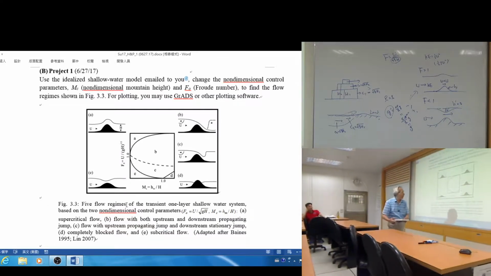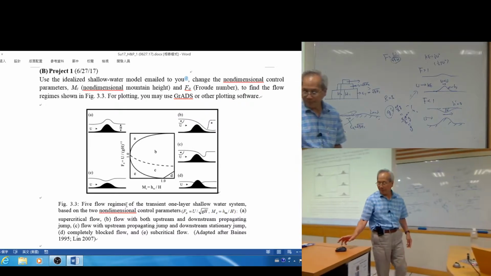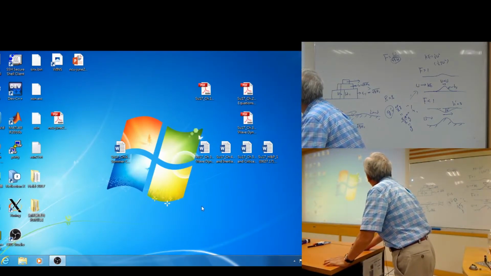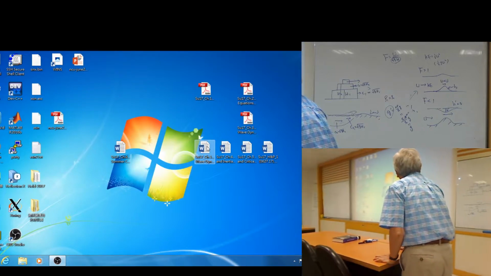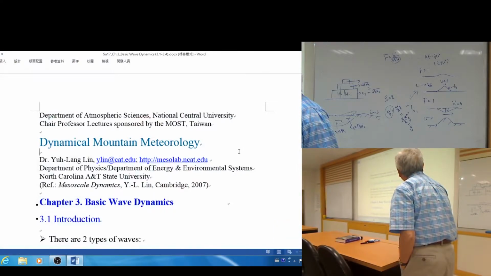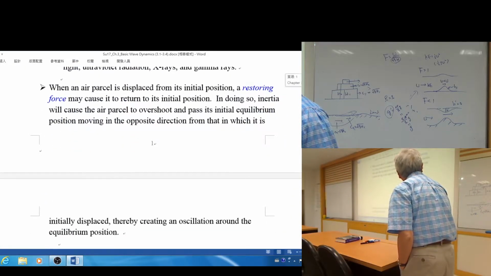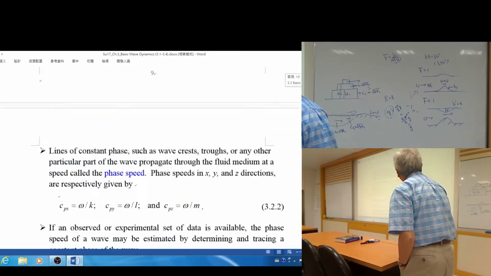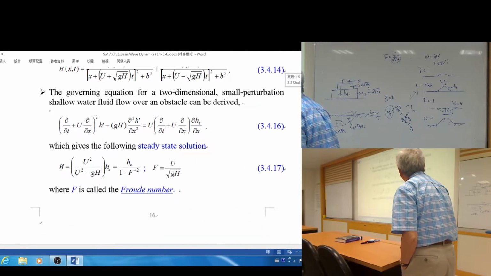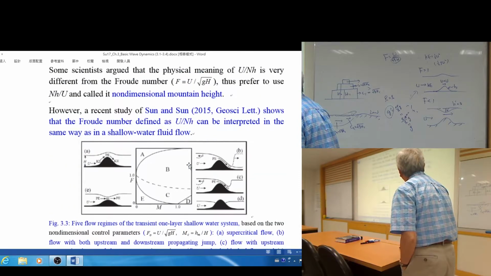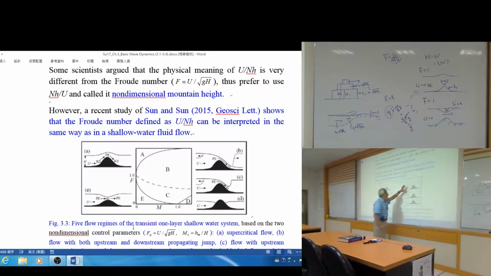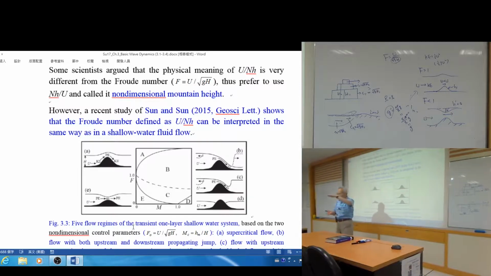Let me show another figure. Chapter 3, right? See here, these two are kind of critical.